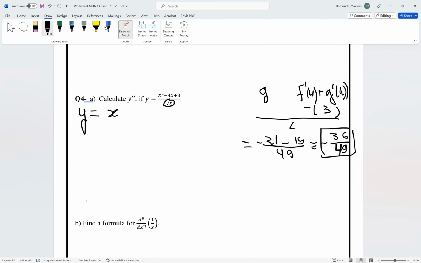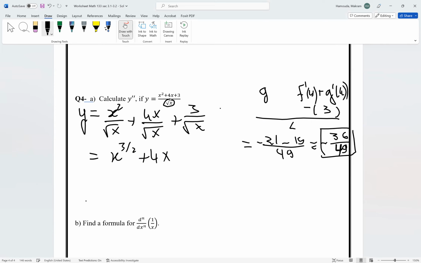So it's x squared over root x plus 4x over root x plus 3 over root x, that I can write simply with powers of x: x power 3 over 2 plus 4 x power half plus 3 x power minus half. Then it becomes easier to compute the derivative here.